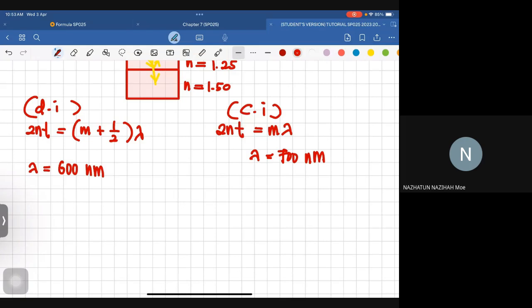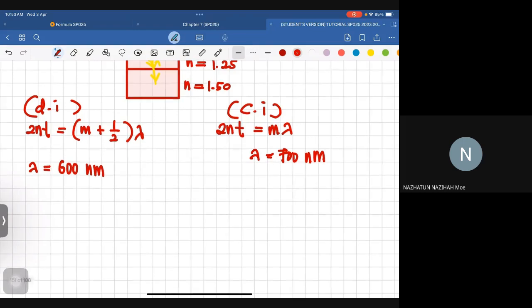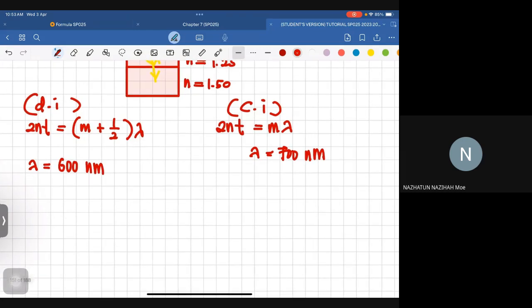Okay ya, boleh ya. So dari sini, kita substitute lah apa yang boleh di-substitute. 2nt. Actually, I'm not gonna substitute terus. I'm gonna rearrange for t. Okay, sebab nanti saya mau equate dia. Okay, kenapa saya mau equate dia?